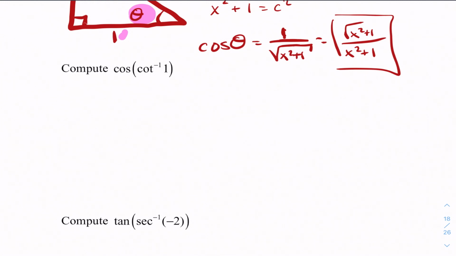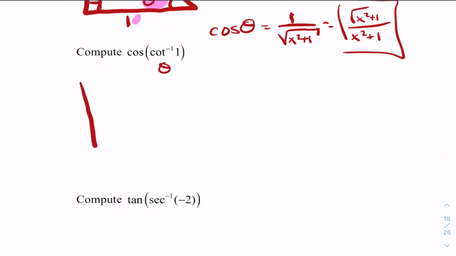So same thing. We're asking for the cosine of this value. Whatever goes inside a trig function is our angle. So all we have to do is draw a right triangle, mark off our base angle.